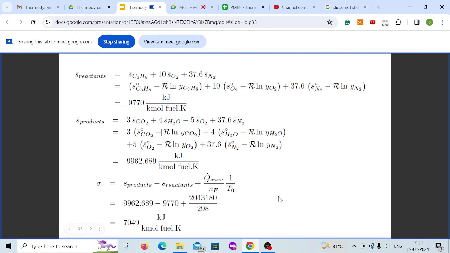If you substitute in the entropy balance equation, the entropy generated is the entropy of product minus the entropy of reactant plus Q surrounding per mole divided by your temperature. This is the entropy because of the heat transfer. We substitute all the values.